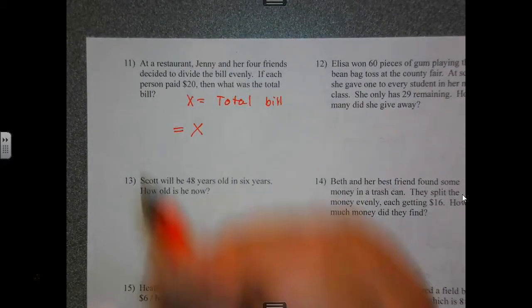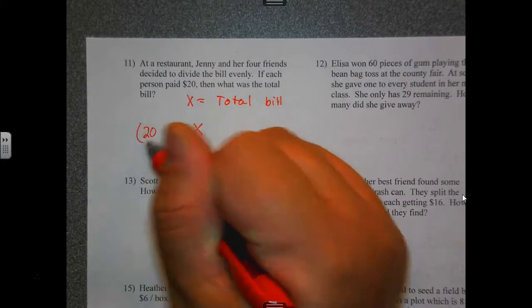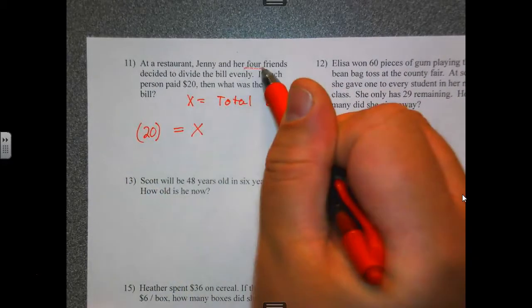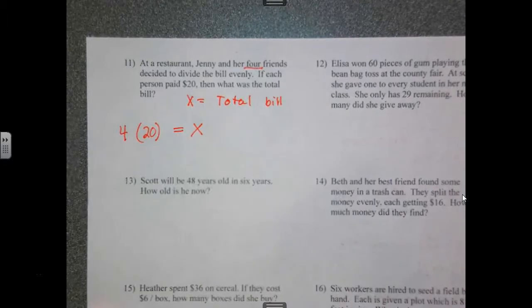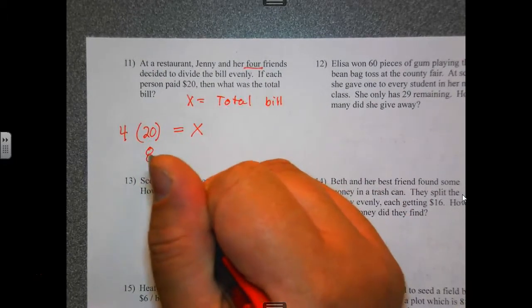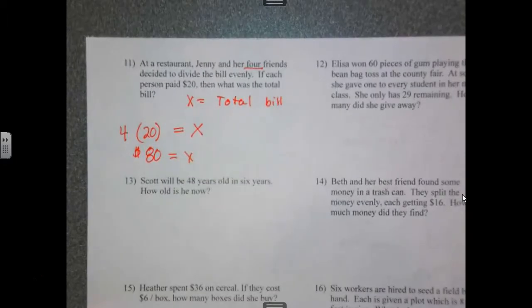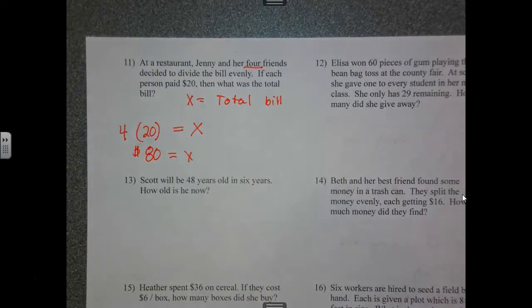Each person paid $20. How many people were there? 4. So 4 times 20. The total bill is going to be $80.